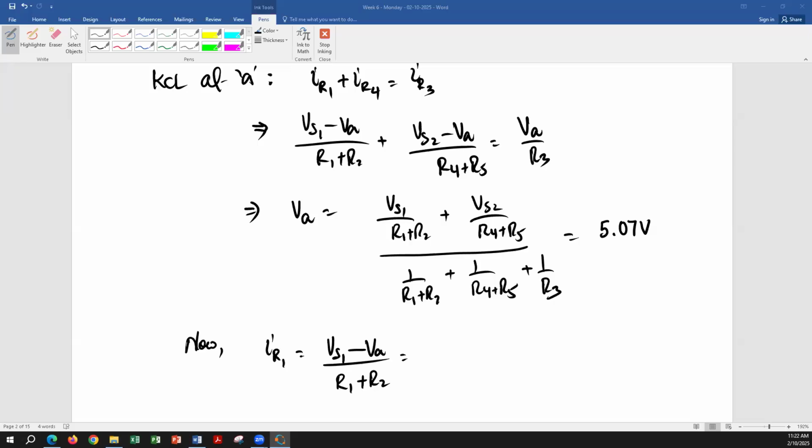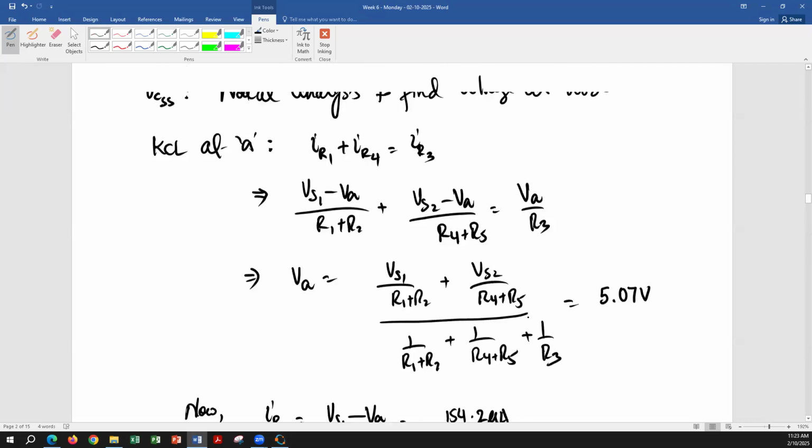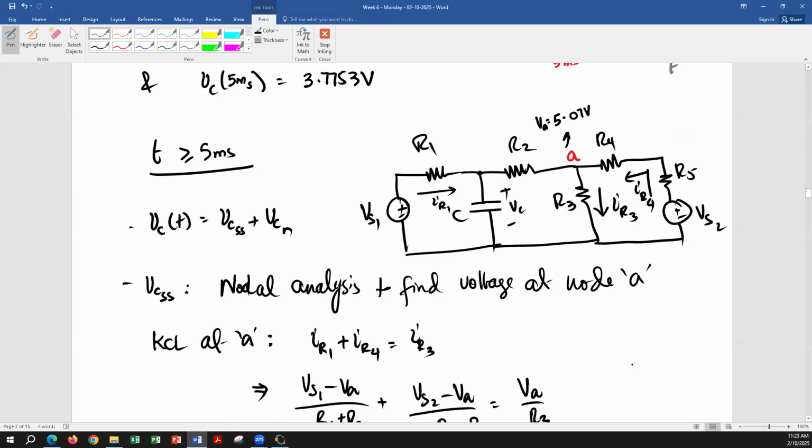154.2 microampere, 8.46 rather. So that's the value of the steady state voltage across the capacitor.